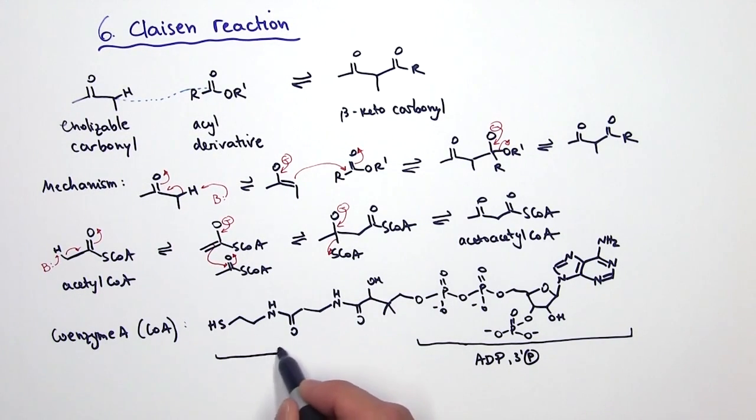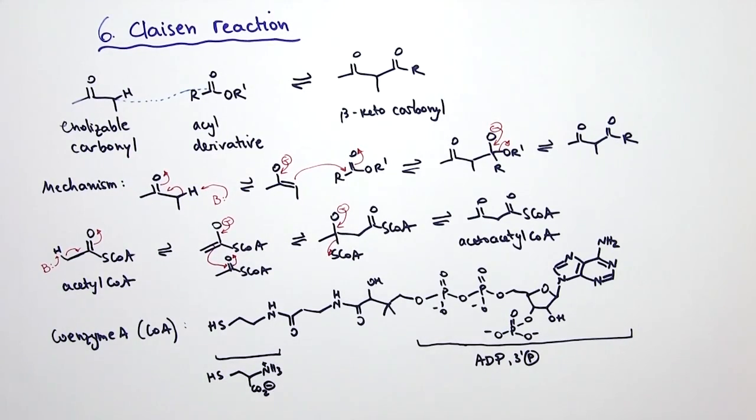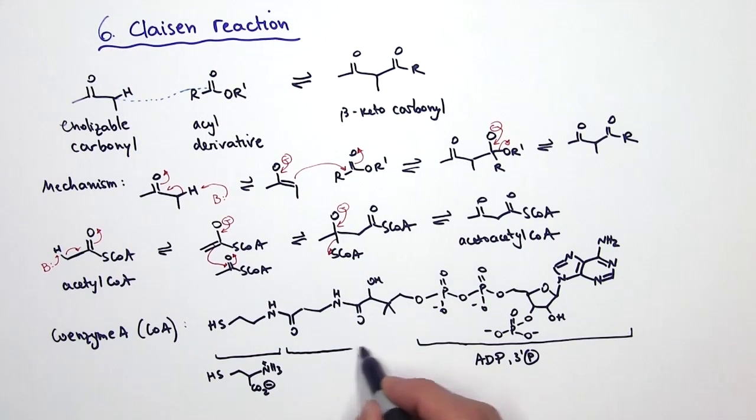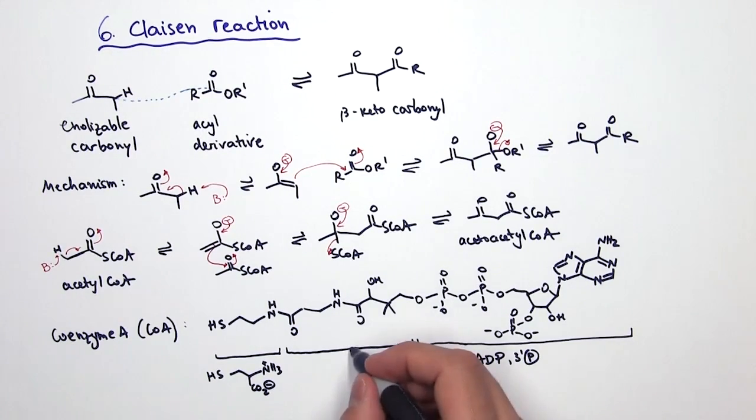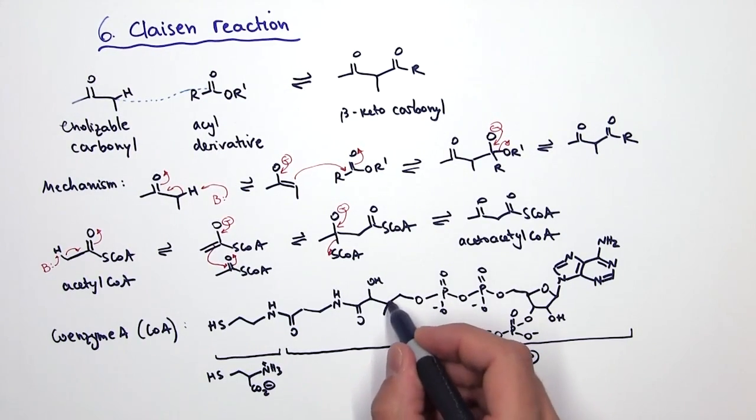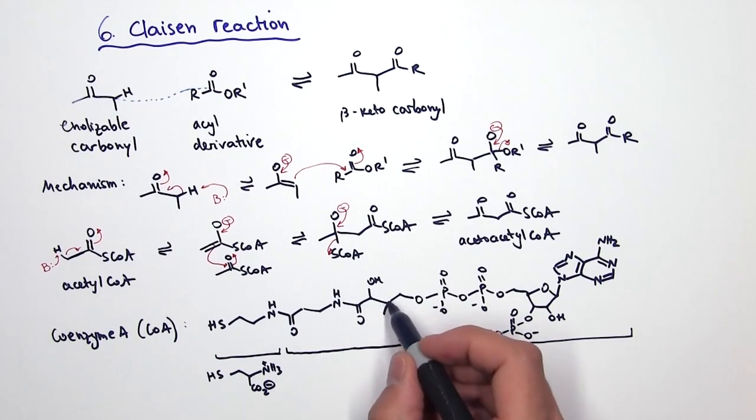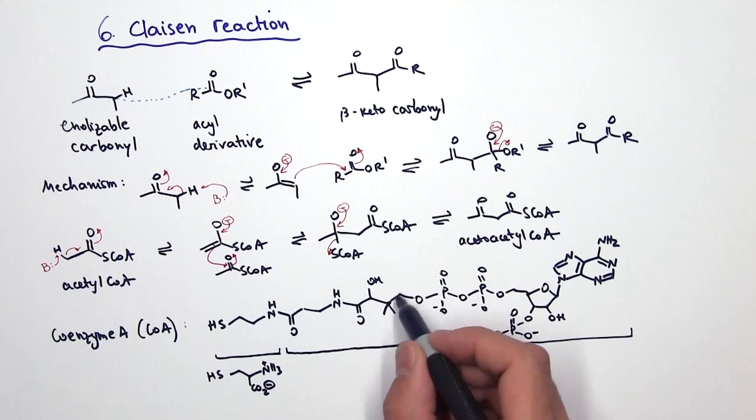This portion of the molecule, if you squint, resembles the amino acid cysteine, but without the carboxyl group. And this middle portion of the molecule looks very difficult to synthesize. Notice this carbon that has 2 methyl groups attached and 2 other carbons attached to it.